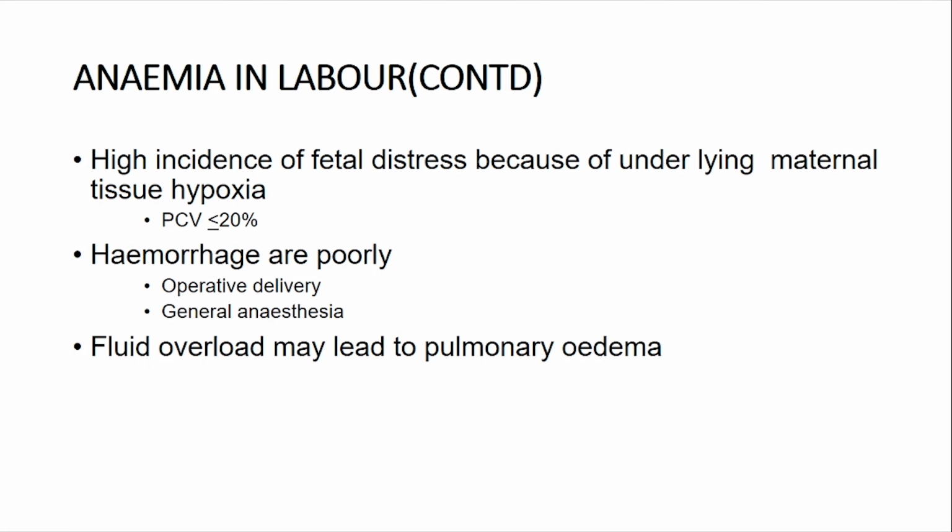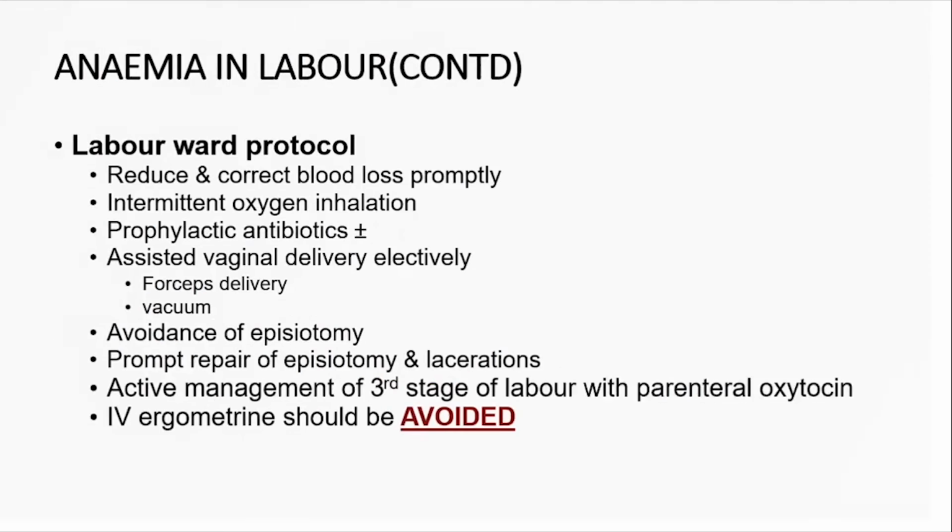In anemia in labor, there could be a high incidence of fetal distress because of underlying maternal tissue hypoxia resulting from the anemia in pregnancy. Hemorrhage is also a risk, and this could result from operative delivery or general anesthesia. Fluid overload in them may lead to pulmonary edema.